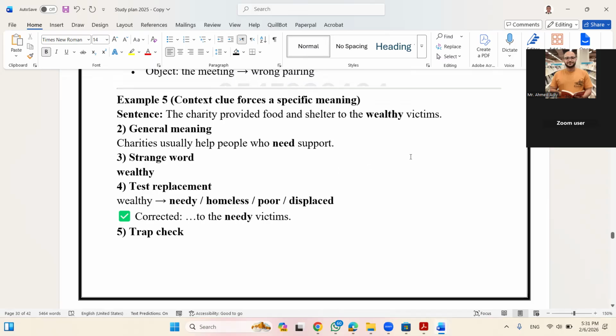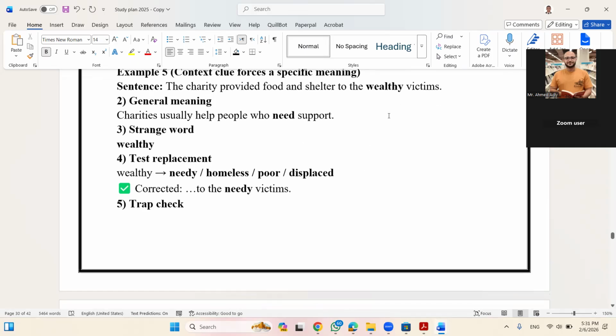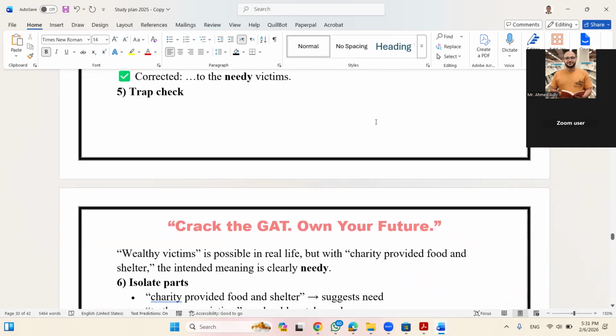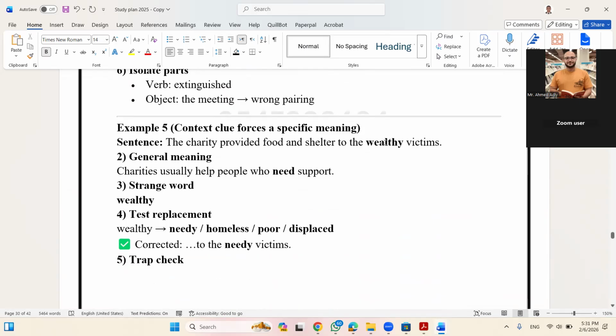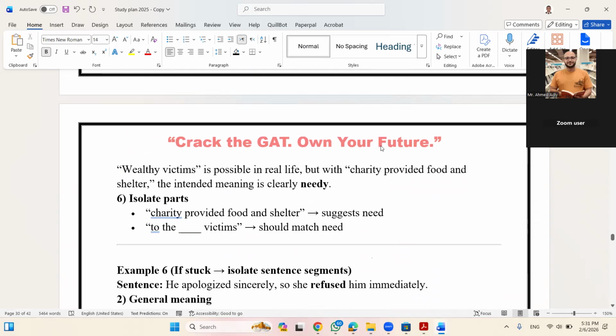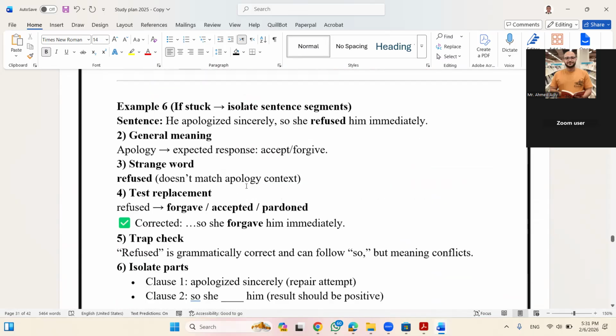Of course: homeless people, poor, displaced, underprivileged people. So I need something instead. The trap here is that I need an adjective, and wealthy is an adjective. That's why sometimes the strange word goes unnoticed, because the part of speech, the grammar, is good here.